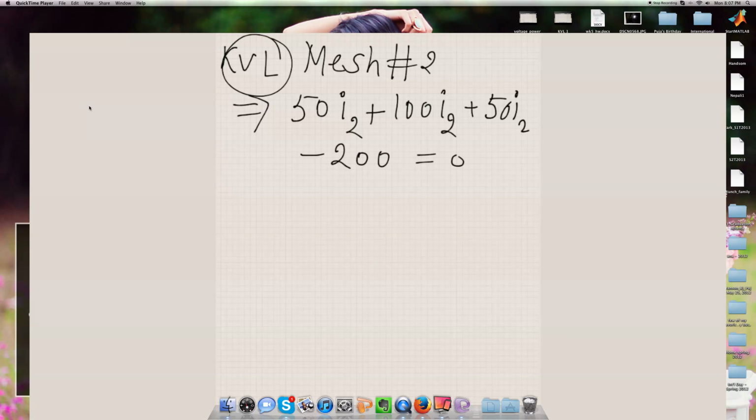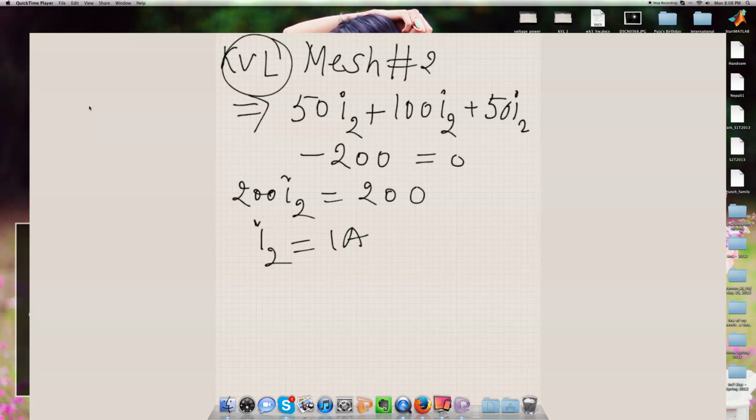Well, let's just say we have 50, 150, that's a 200 I2. We could divide, but this is clearly straightforward. 200 I2 is 200, meaning I sub 2 is 1 amp.